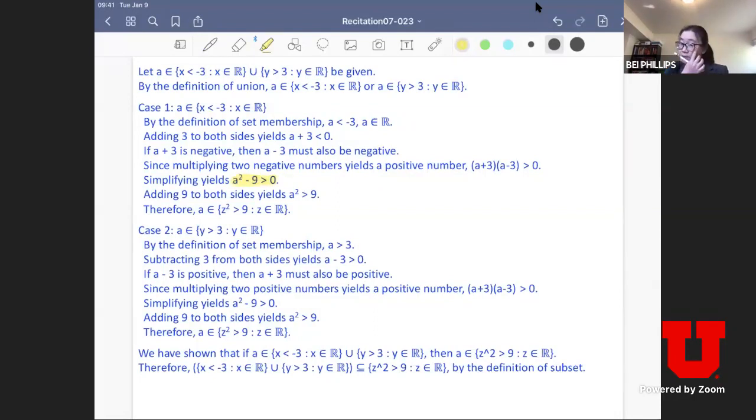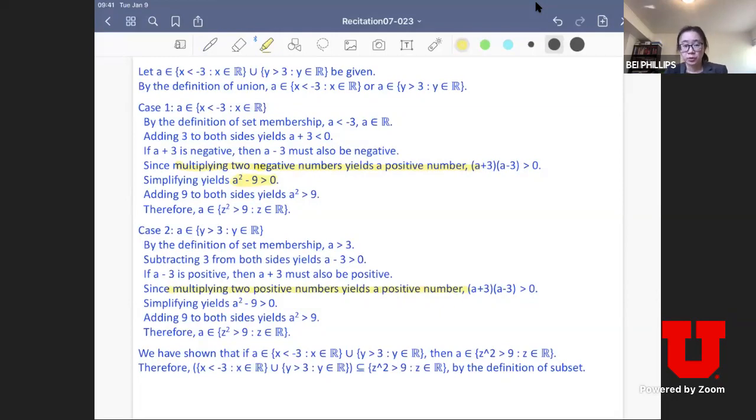One of the students who said taking the square, you are in the right direction, but the most important part is to show A squared minus 9 using the formula A plus B times A minus B is equal to A squared minus B squared and some algebra manipulations. That is a key point of this proof. So it's using this, as well as multiplying two negative integers yields a positive number, multiplying two positive numbers yields a positive number. Okay, any questions?